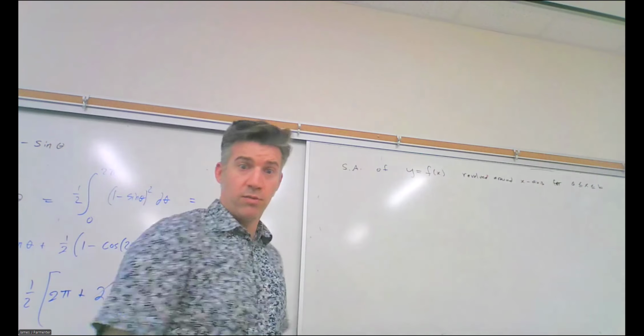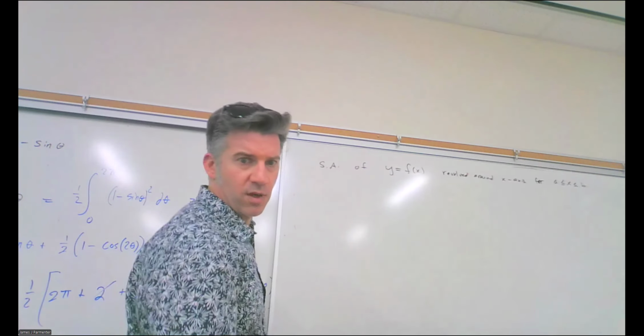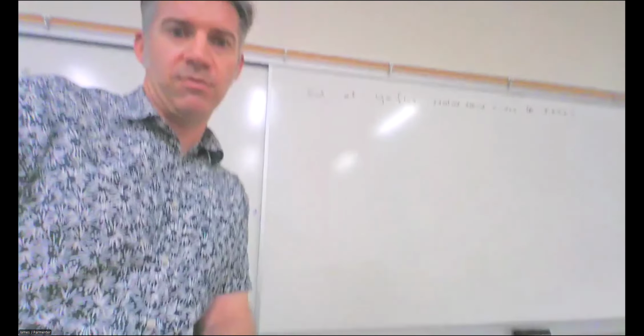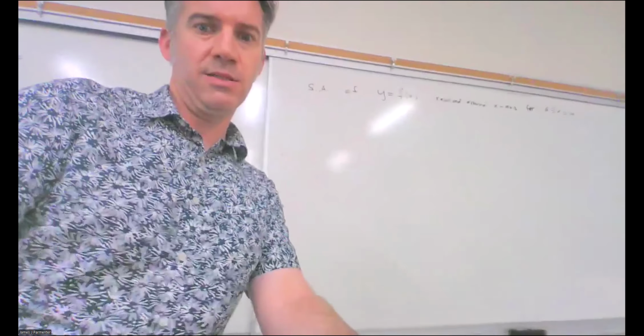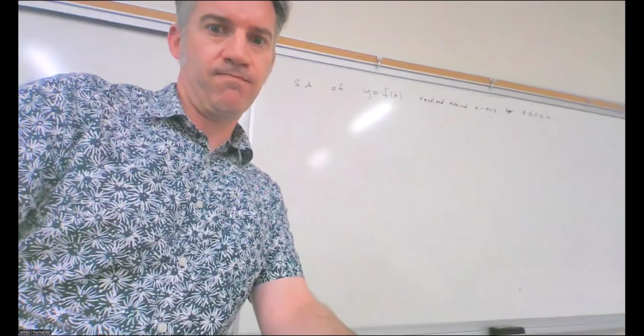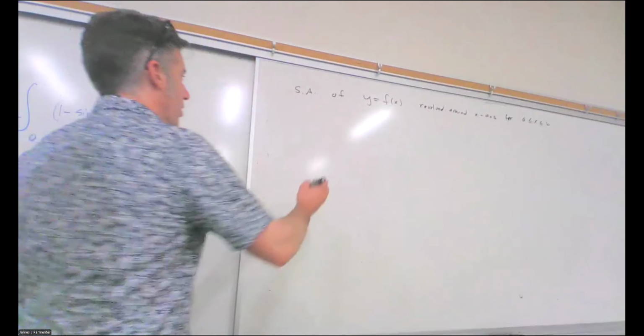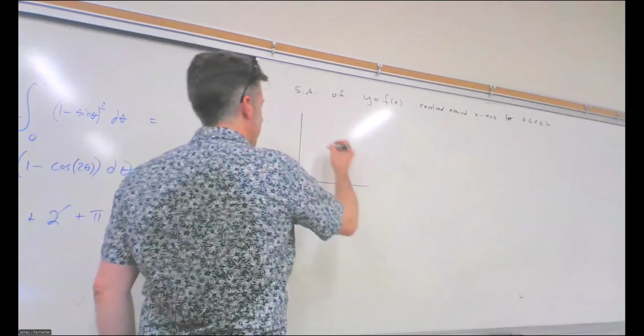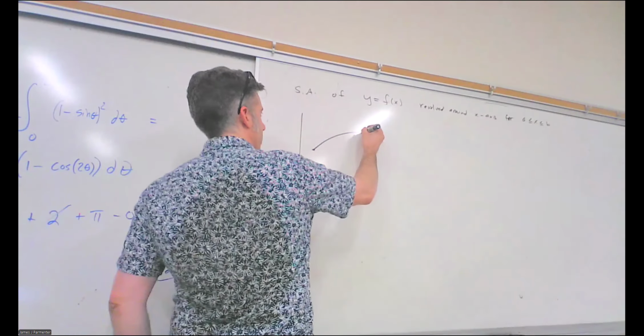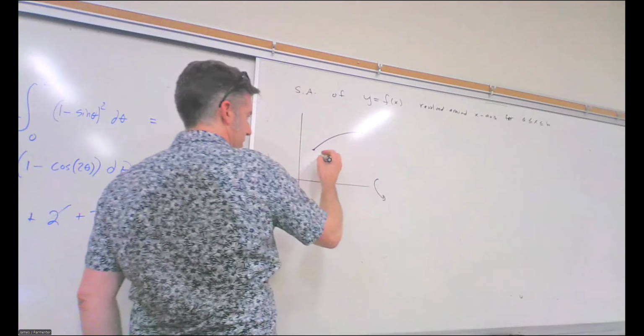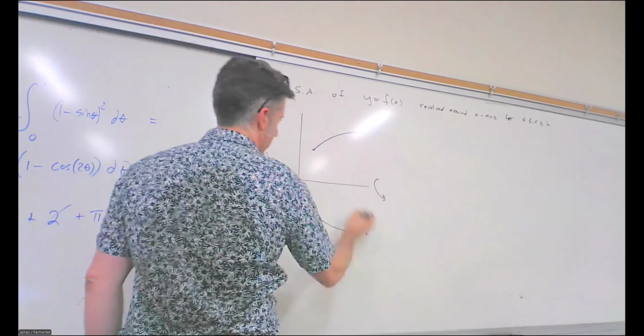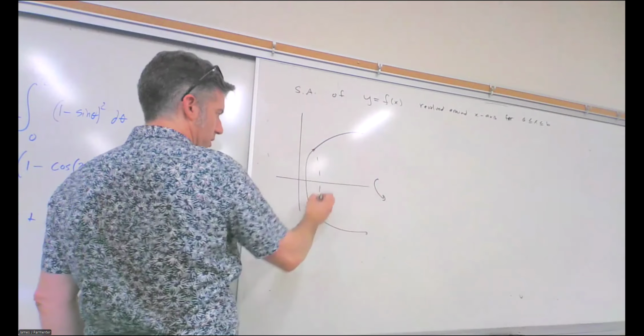Here's the general picture. Sorry, I must have moved things around here. Sorry about that. Okay. So you've got some kind of piece of this curve, and you're just revolving it around the x-axis. So it's going to kind of look like this sort of deal.